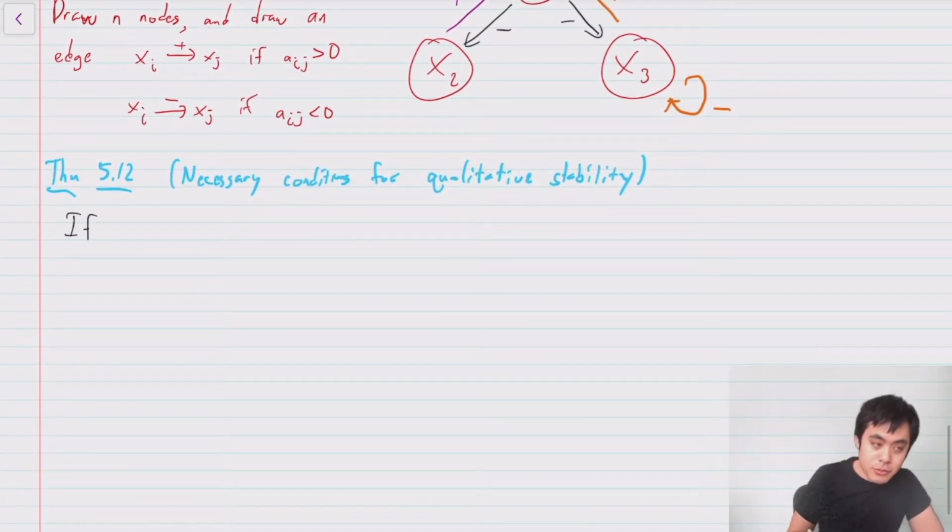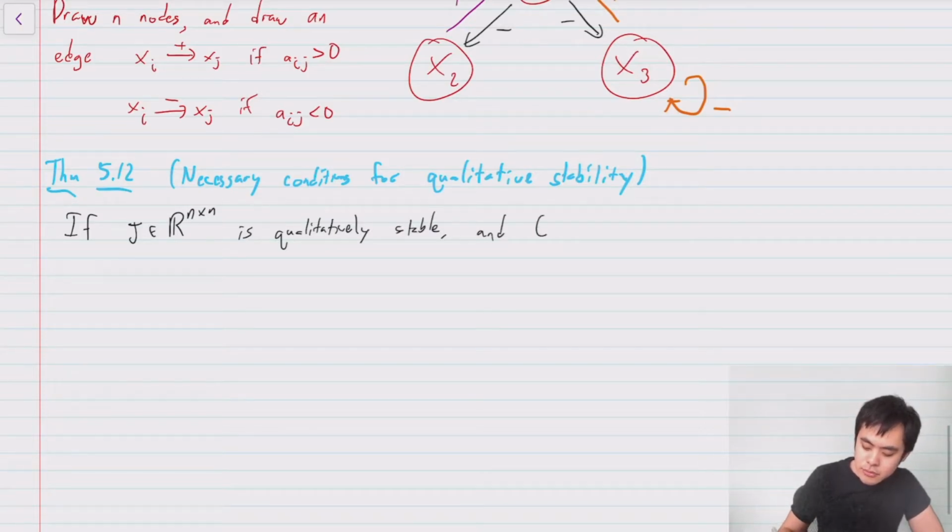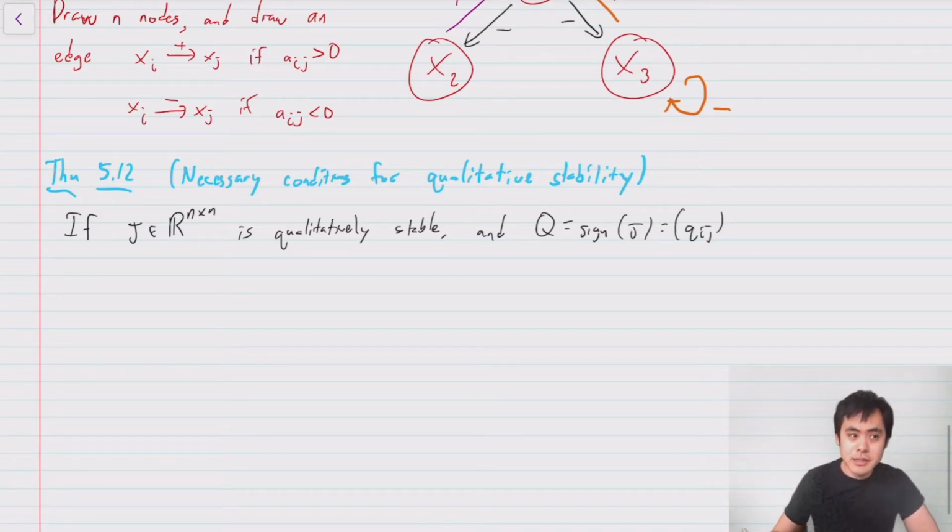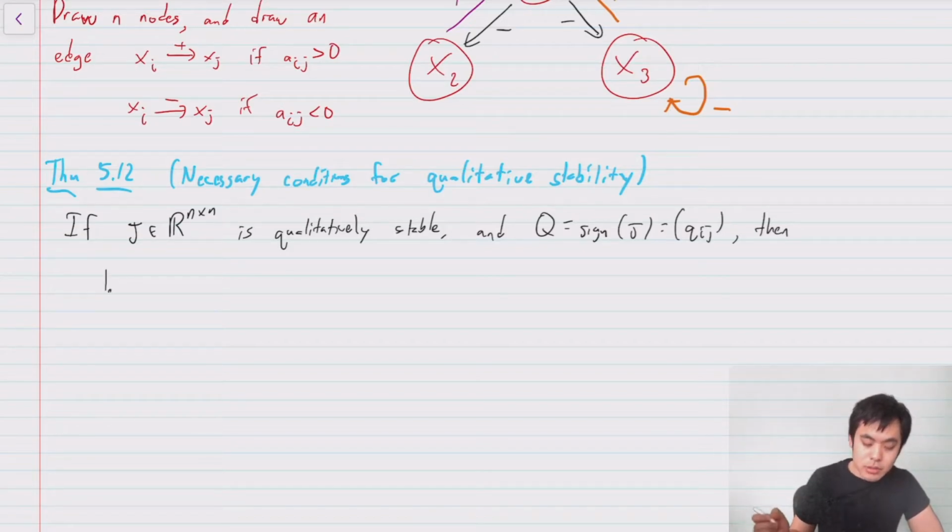So if J is an n by n matrix that is qualitatively stable, and of course Q is equal to sign of J, which is some matrix Qij of signs, then we need all these conditions.